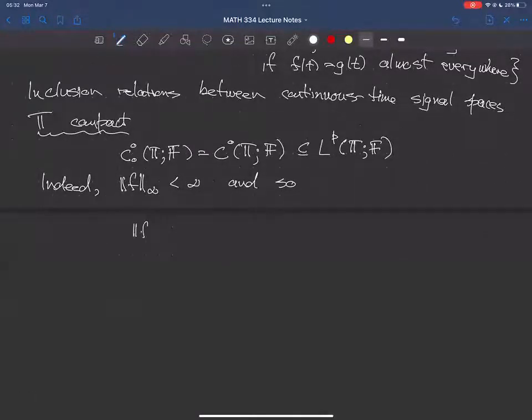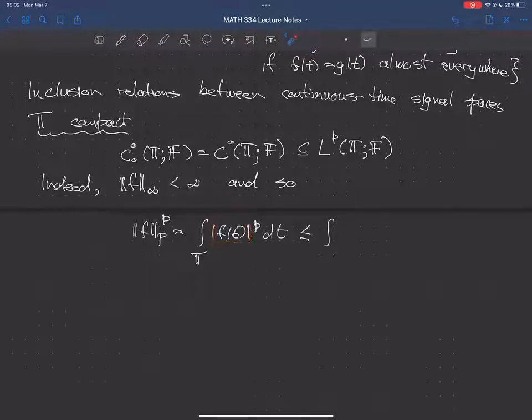Let me take the pth power of the p norm of f, rather than the 1 over p root. So this is the integral over T, and remember, T is compact. Now for each t, that quantity is certainly less than the infinity norm of f.